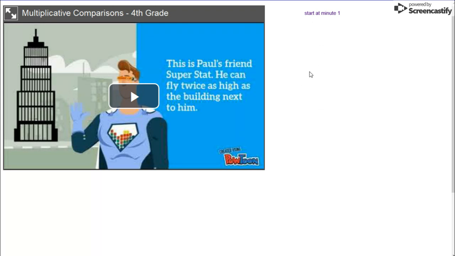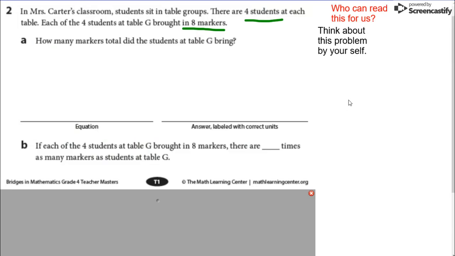Once it starts at minute 1, it starts talking about the actual word multiplicative comparison, and it's only about 3 to 4 minutes long, but it really shows them visuals, and it shows them a little song about what a multiplicative comparison is, and actually sounds out the word multiplicative comparison, and the kids seem to really like the little characters. There's another way, another format to get the students to hear what an actual multiplicative comparison is.